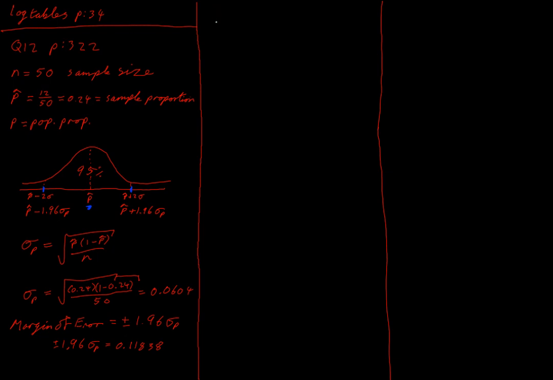Now, we are 95% confident. Well, I'll write it out first. 95% confident. P hat minus 1.96 sigma p, p hat plus 1.96 sigma p.